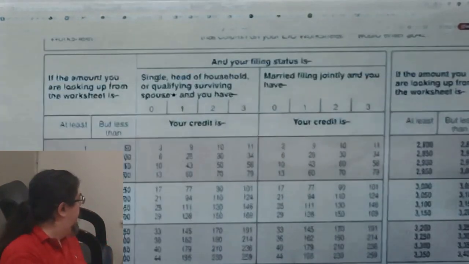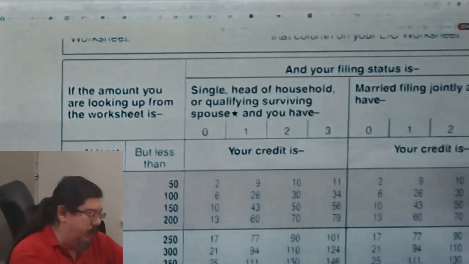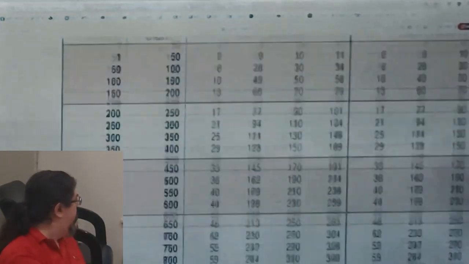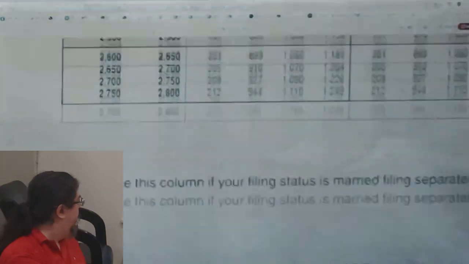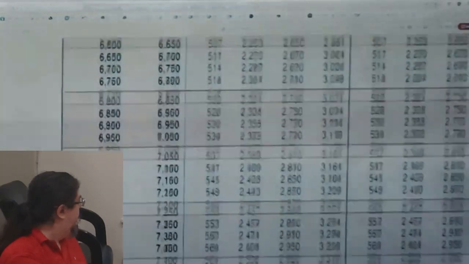And so here's the earned income credit table. His earned income is $17,270, so we're going to look for $17,000-something.